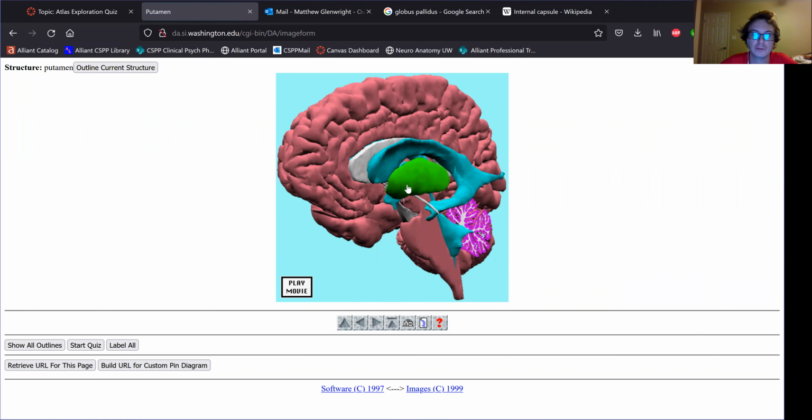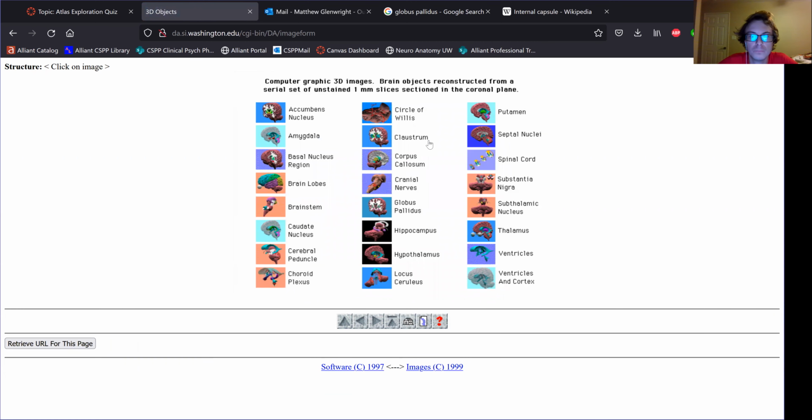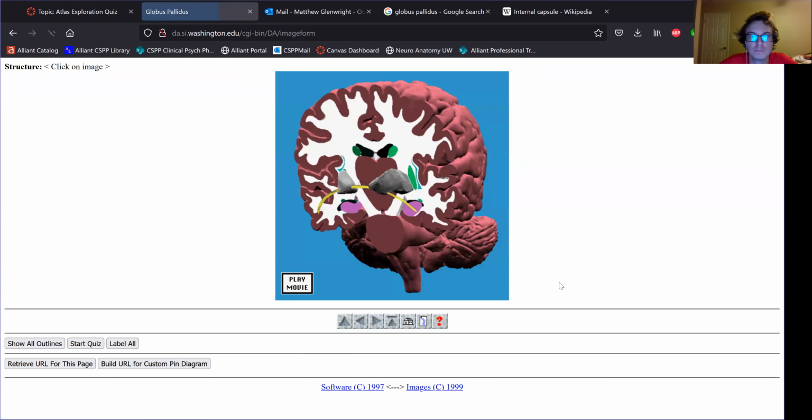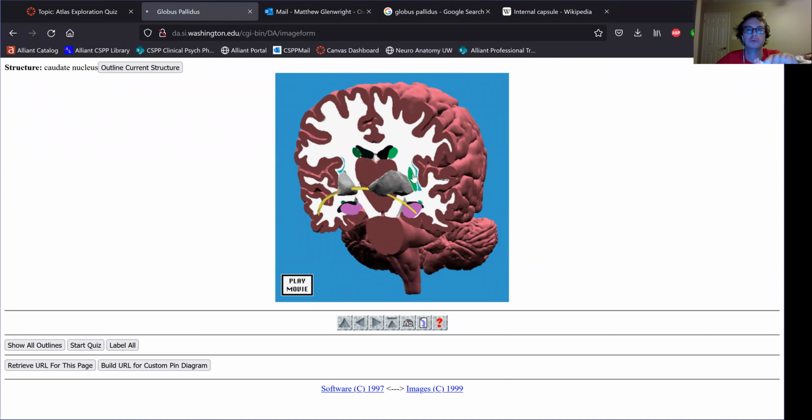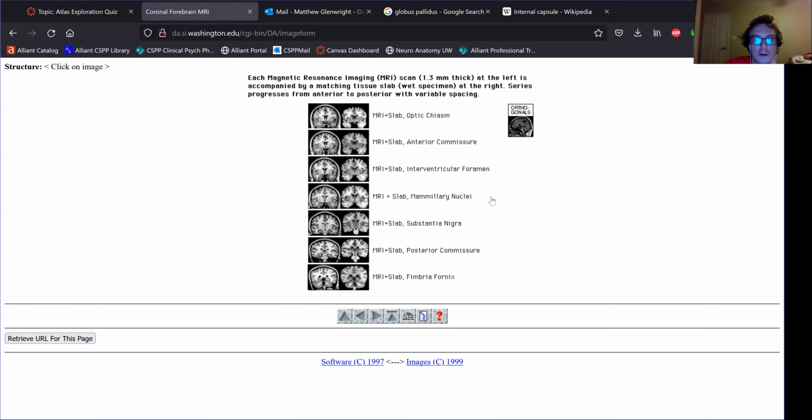And then you have the globus pallidus, which is more medial from the putamen, more towards the thalamus. But it's anterior as well.